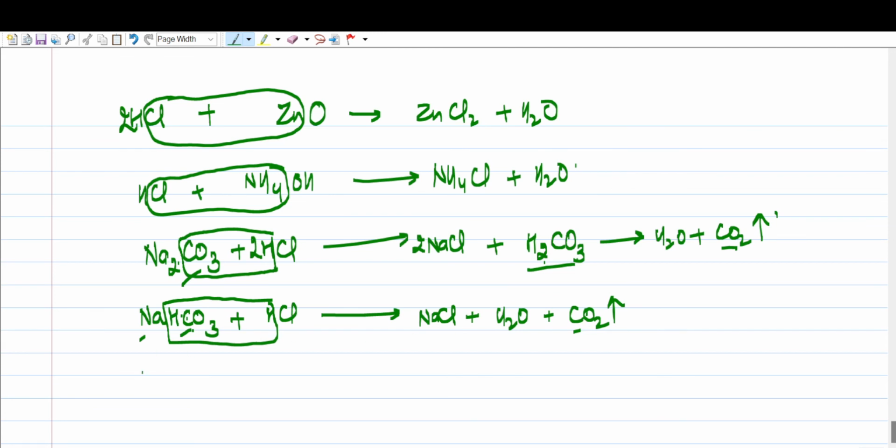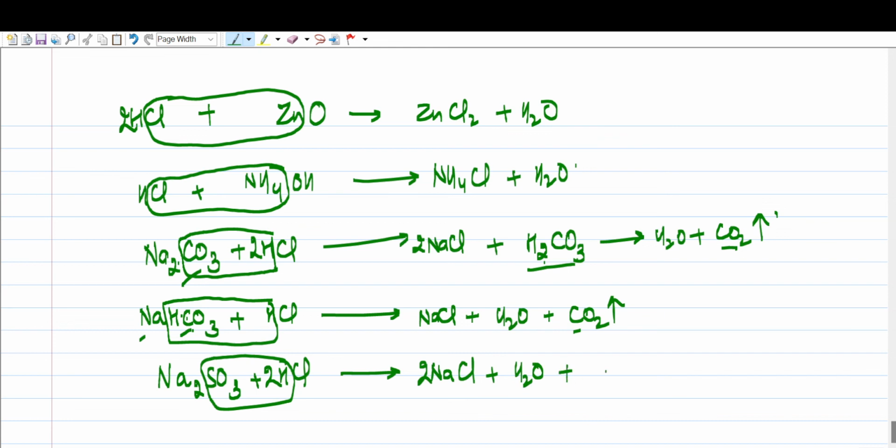Okay, now if we take any sulfite, suppose Na2SO3 plus HCl, so again 2, we'll get Na. Now again same thing, we'll get 2 NaCl plus water plus sulfur dioxide gas.